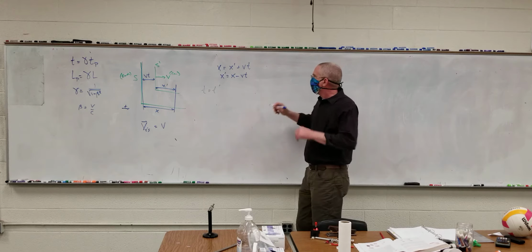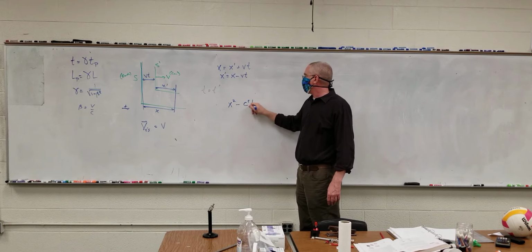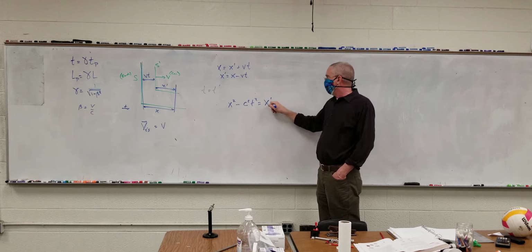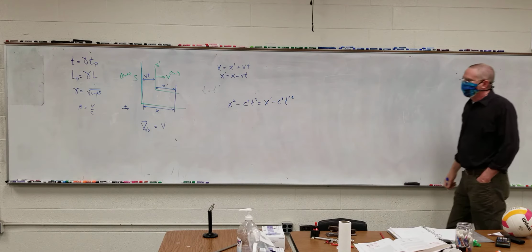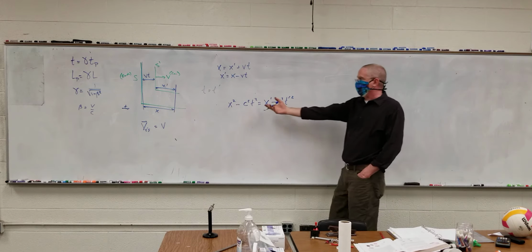Now we have that x squared minus c squared t squared is equal to some constant. Since that relationship is supposed to be invariant, it should be the same from the S frame or the S prime frame.